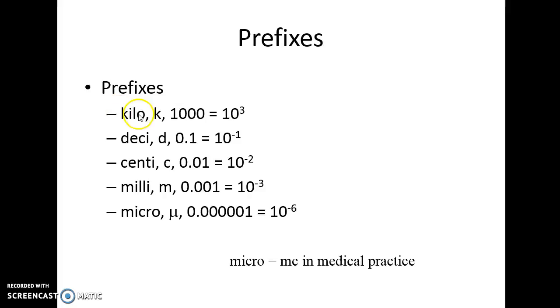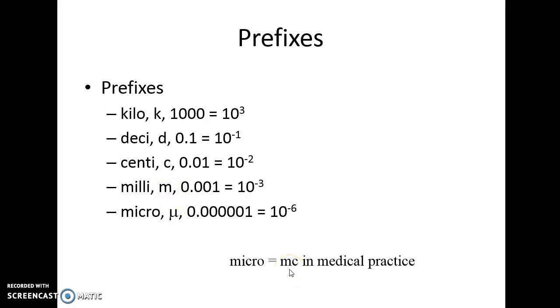So what does kilo mean? It means 1,000. What does deci mean? 1/10. Centi means 1/100th. Milli means 1/1000th, and micro means 1/1,000,000th. This little mu here is the symbol that scientists use, but the medical area has found that when people handwrite a mu, it looks like an M, and so people get milli and micro very much mixed up.